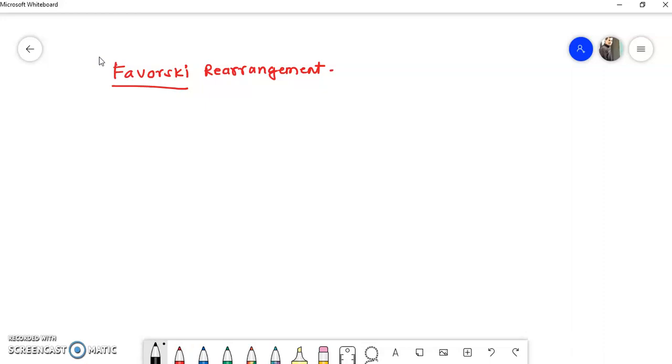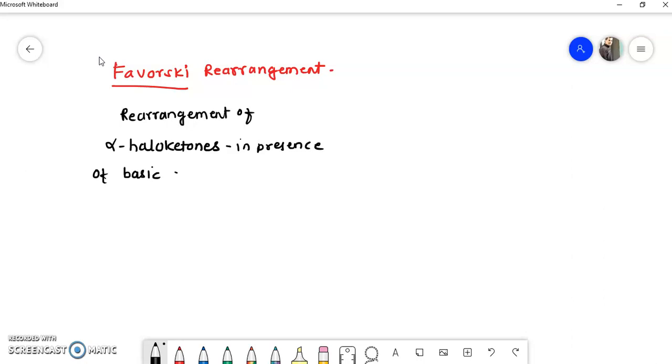It is nothing but the rearrangement of alpha haloketones. Remember, rearrangement of alpha haloketones in presence of a basic catalyst to give carboxylic acids or its derivatives.